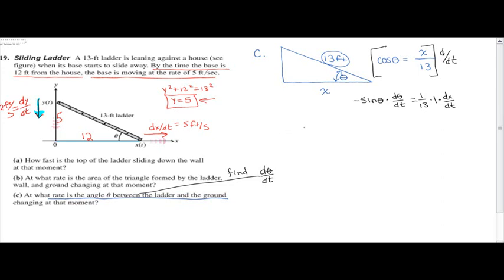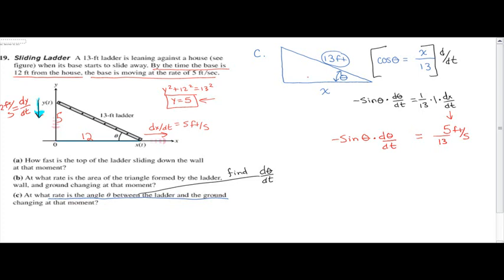So now we can plug in everything we have. We know this to be 5 feet per second to the right, so it's positive, times 1/13 equals negative sine of theta times d theta dt. And now I'm going to figure out what sine of theta is.